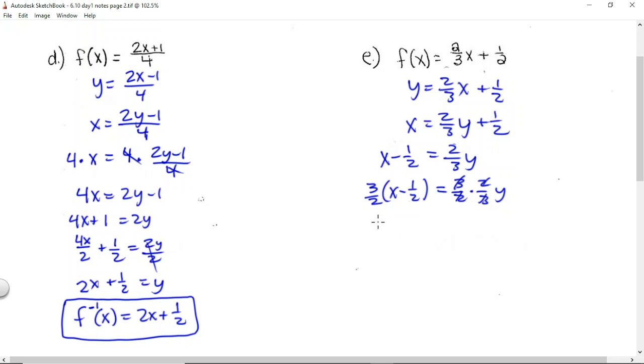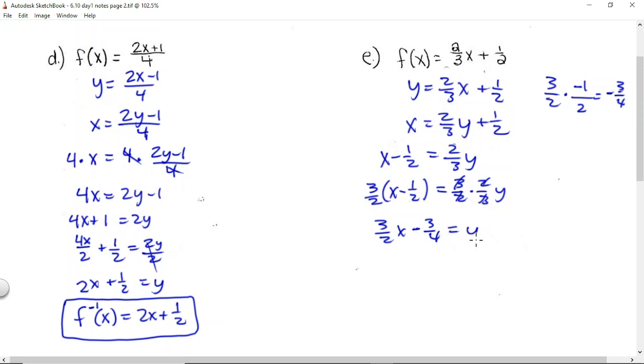On the left, we have to distribute the 3/2. So we have 3/2 times negative 1/2. You can always write that over to the side. Negative 1 has to go in either the numerator or denominator. Okay. So that gives us 3/4, and it is negative. So we're subtracting 3/4.